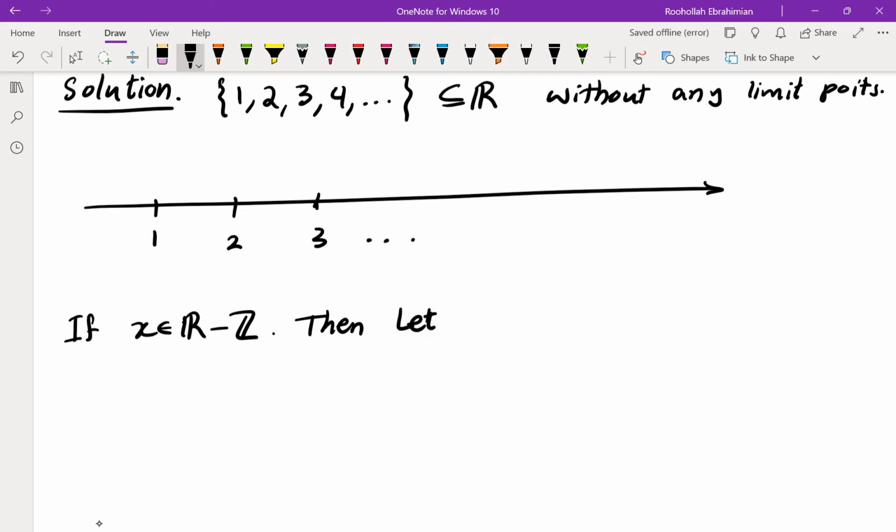the largest integer m that is less than x, and then the next one. So choose two integers that x lies in between.